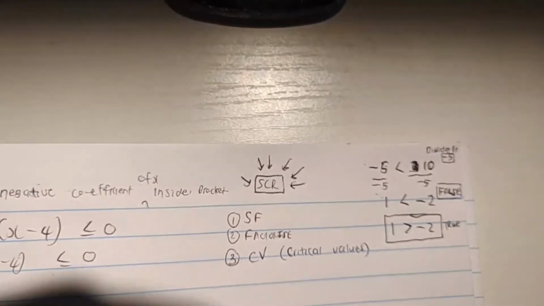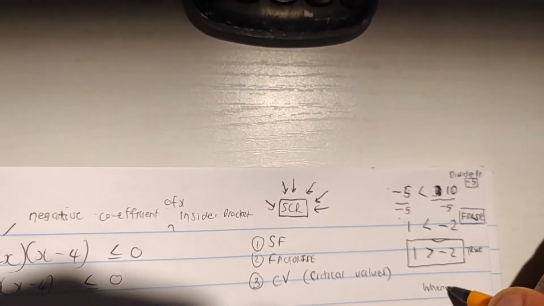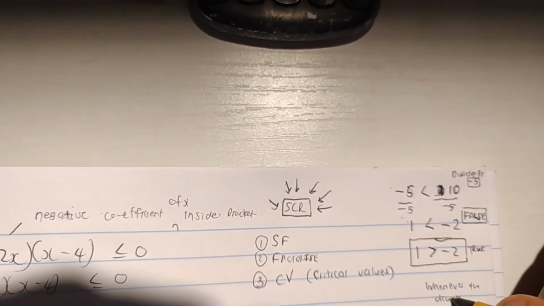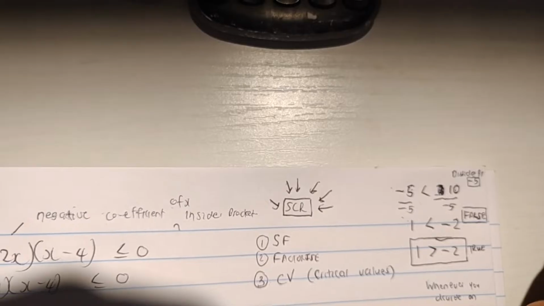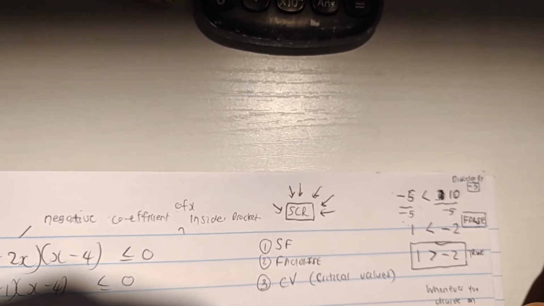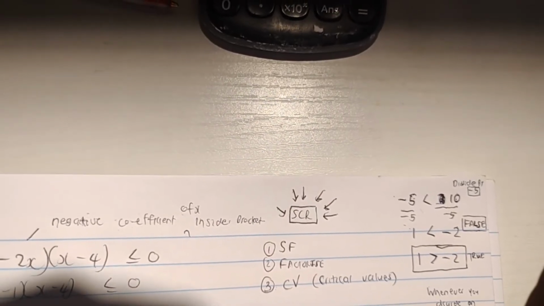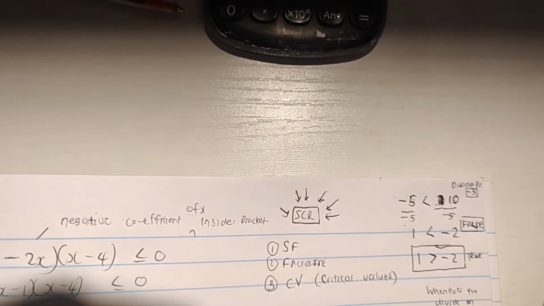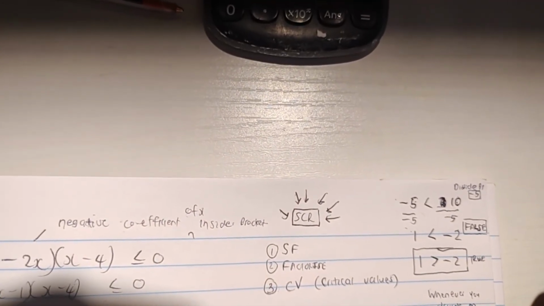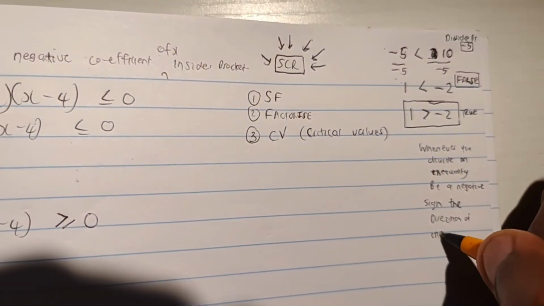So that's where the concept comes from, that whenever you divide an inequality by a negative, the direction of the inequality sign is reversed.